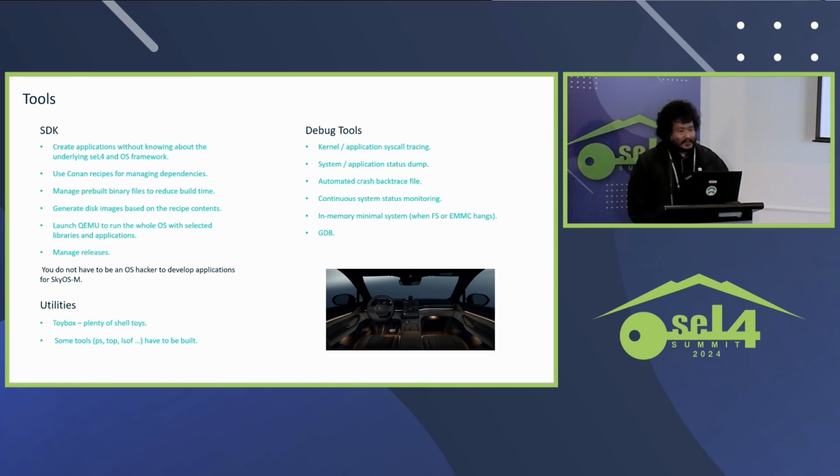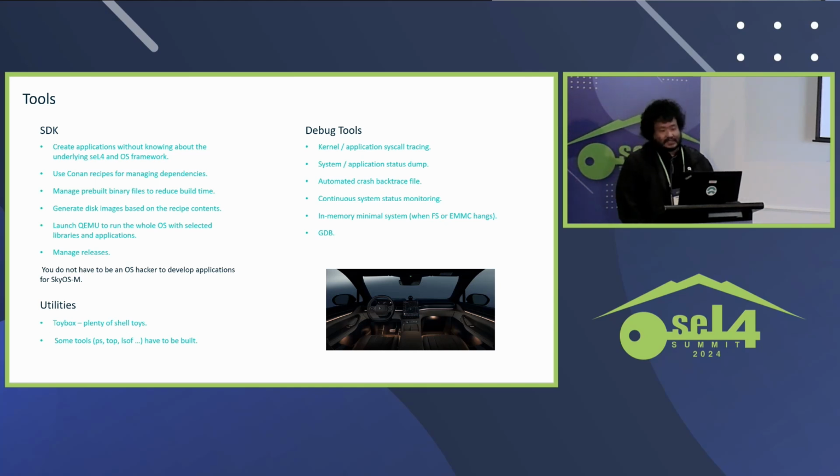To start writing an application, you just write down the libraries you want to use in the recipe, and the version of the libraries. Then the toolkit can compile the application for you, link the correct libraries, and also download the pre-built binaries from the system. And finally, create the image, so you can run the image on QEMU to test your application.